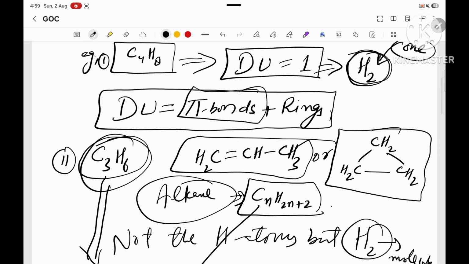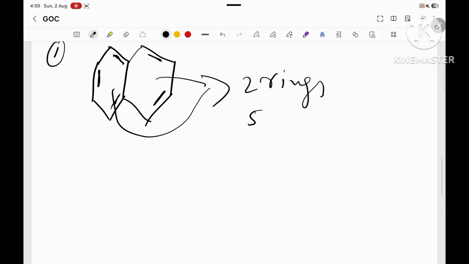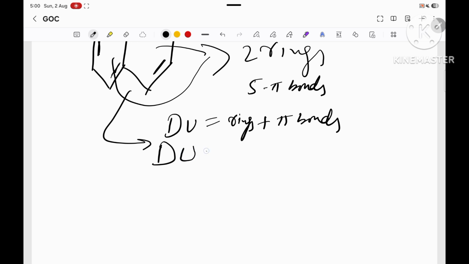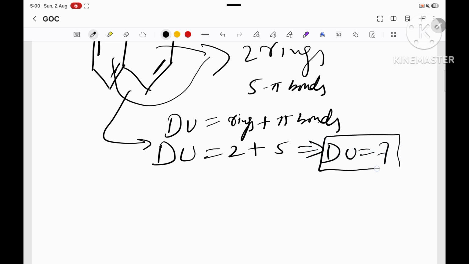This is 5 pi bonds. So DU is equal to rings plus pi bonds. For this molecule, DU is equal to rings 2 plus pi bonds 5, which implies that DU here is equal to 7.